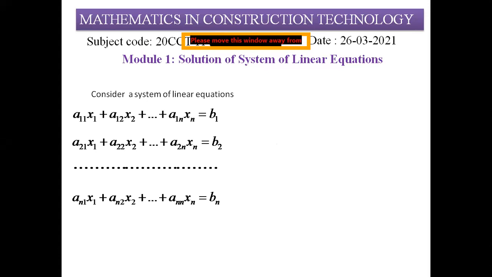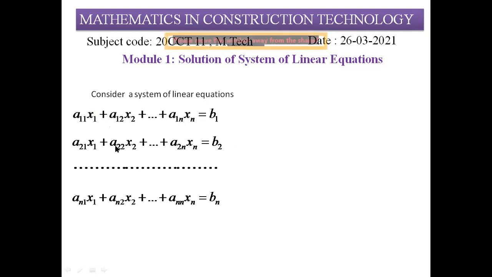But in an iterative method, there should be a condition. If that condition is satisfied, then only we can get a solution, a sequence of approximate solutions that converges. That condition is that the system of equations must be diagonally dominant.